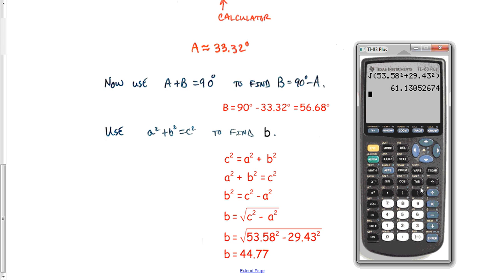So let me go back. Can I change this? Let's see. What do I do? Okay, if I press second and enter, I get that same equation back. And now I'm just going to scroll back and delete that plus sign and put a minus sign in there. Whoops. Well, I blew that, didn't I? So I'm still going to have to work.